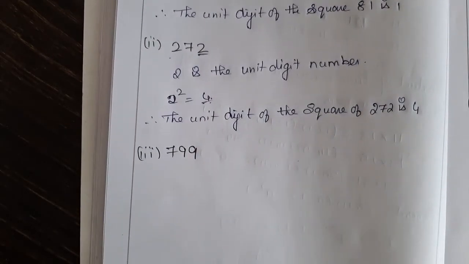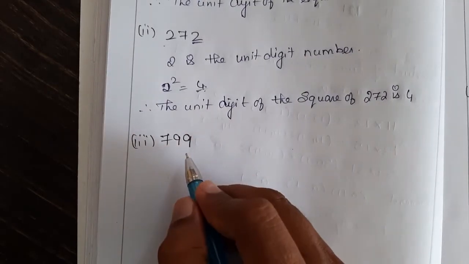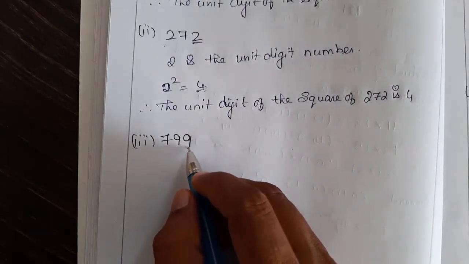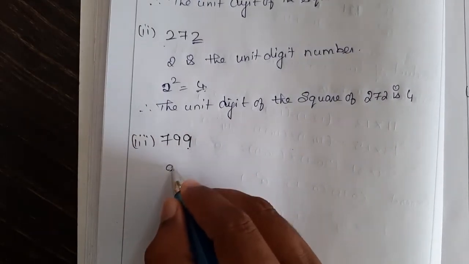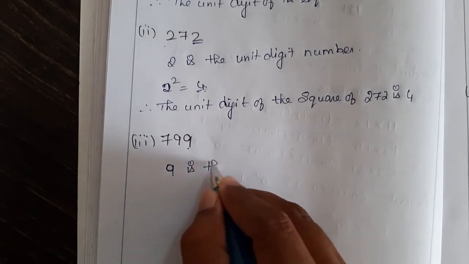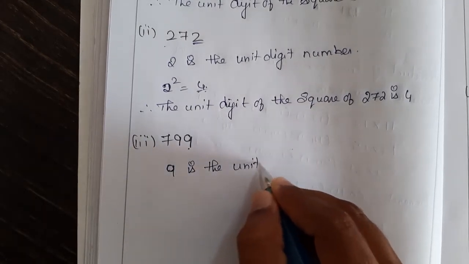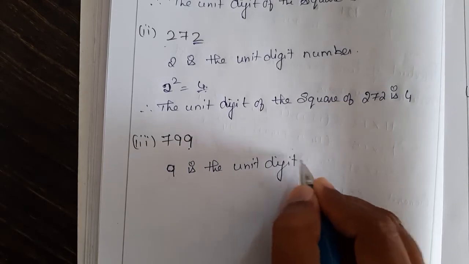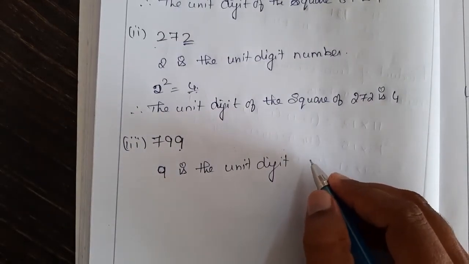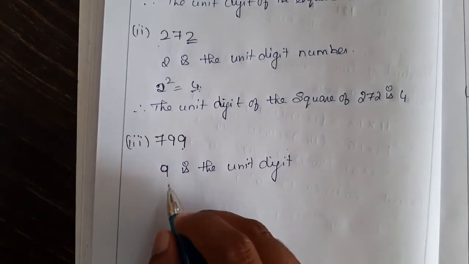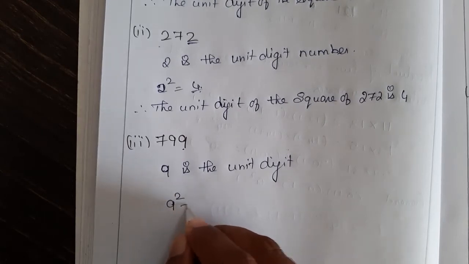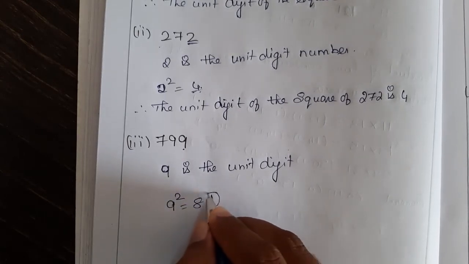Clear? So first you choose the unit digit in the given number. In the given number, the unit digit is 9. You can represent 9 square as 81. So here the unit digit is 1.